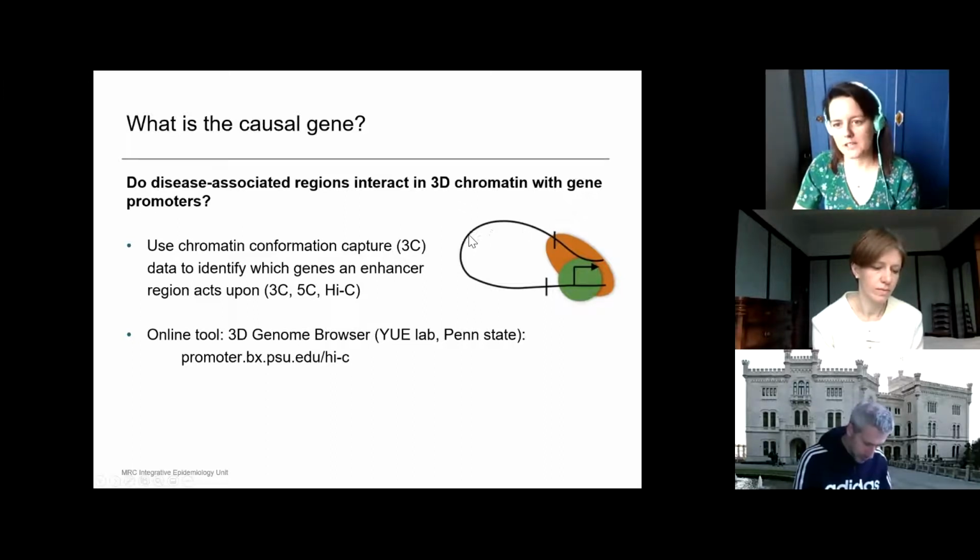Whereas all the SNPs around here that might be physically, genomically closer to the gene are actually in 3D space further away.